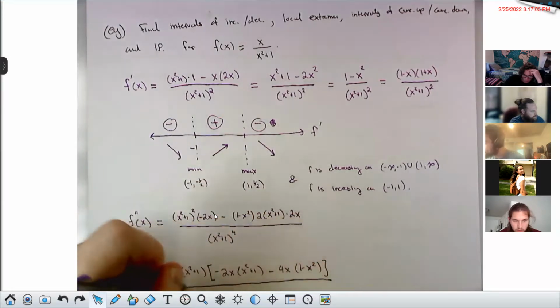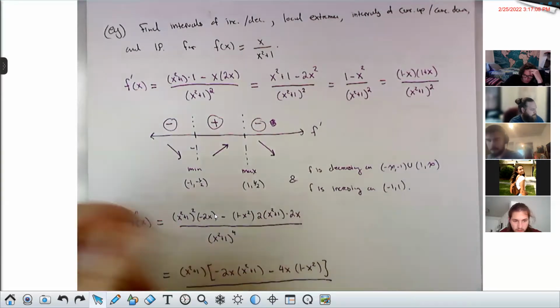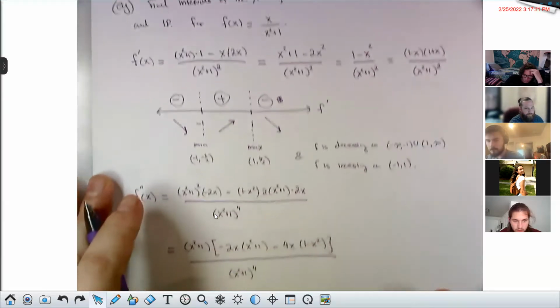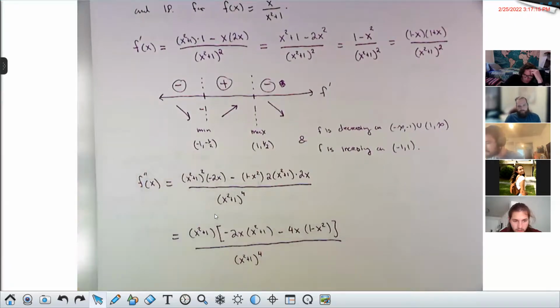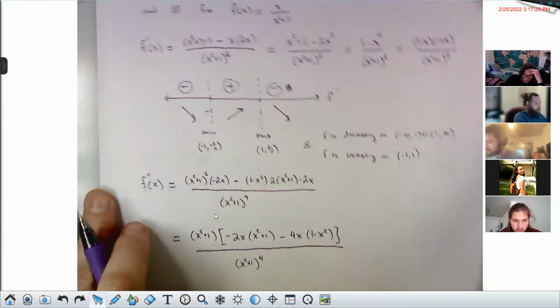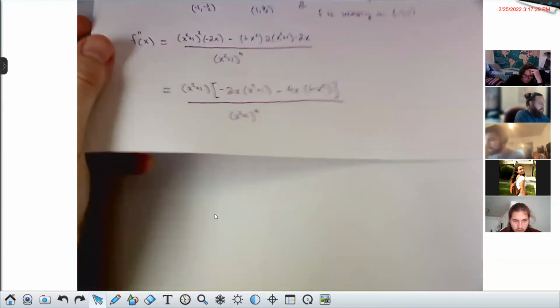And all of that being divided by x squared plus 1 to the 4th power. I can extract a negative 2x from what remains, and I think that's the way to go. There's no other common factors in the numerator. So after that, we will have to distribute things out and combine like terms.